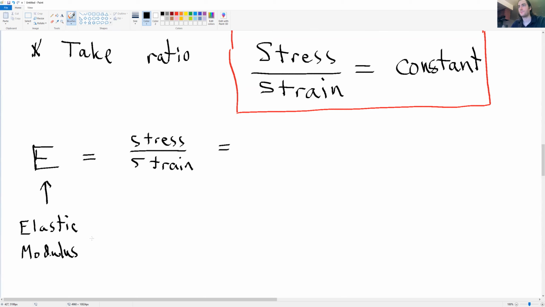Okay. And stress is force over area. And strain is change in length over the initial length.